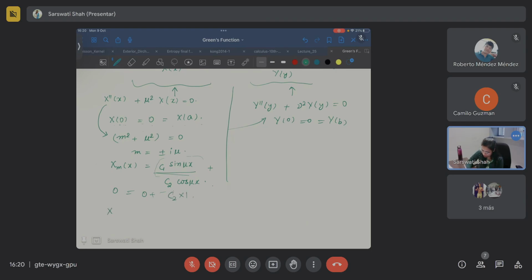So we are left with X of x equals c1 sine of mu x.